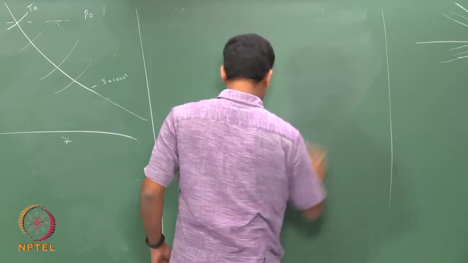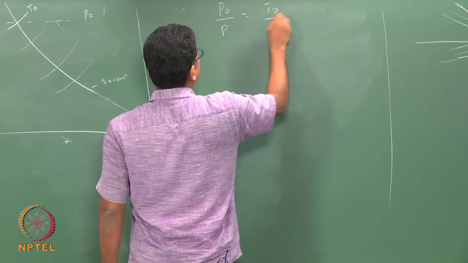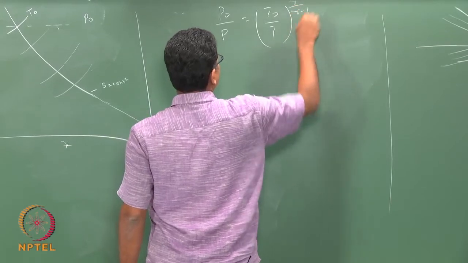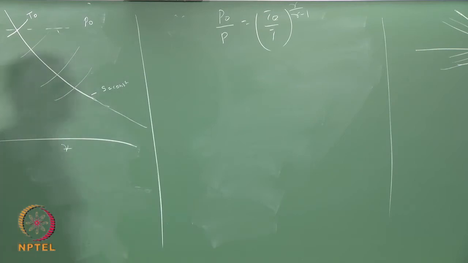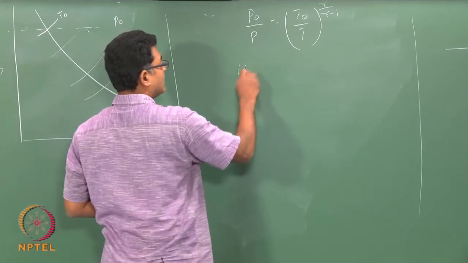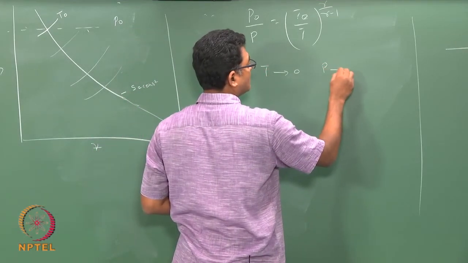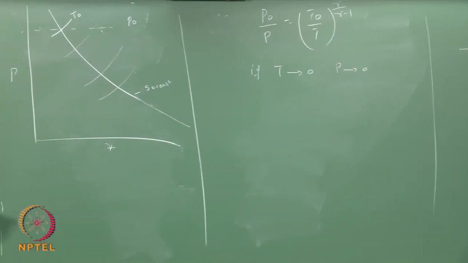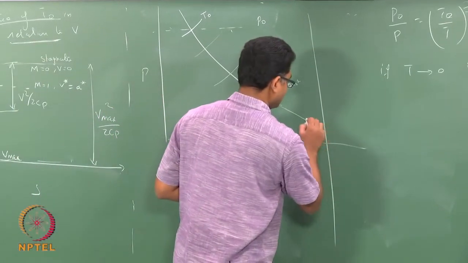Since the process is isentropic, you can write P0 by P to be T0 by T to the power gamma by gamma minus 1. Okay. So, for a given P0 and T0, if T approaches 0, your P also approaches 0. So, your pressure also approaches 0. So, you would get it along this line.